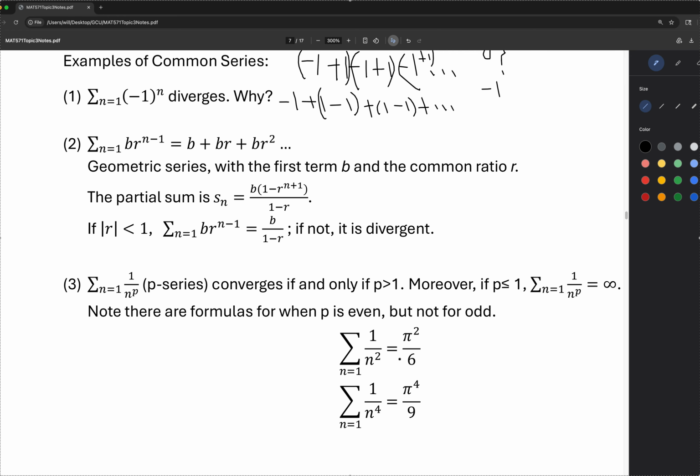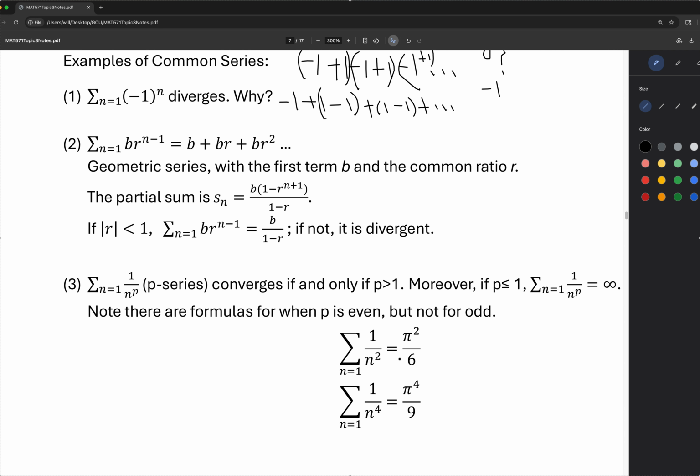It's also worth mentioning that not only do we have the formula for 1 over n squared, there are also formulas for p to the fourth power, and I think all the even powers.